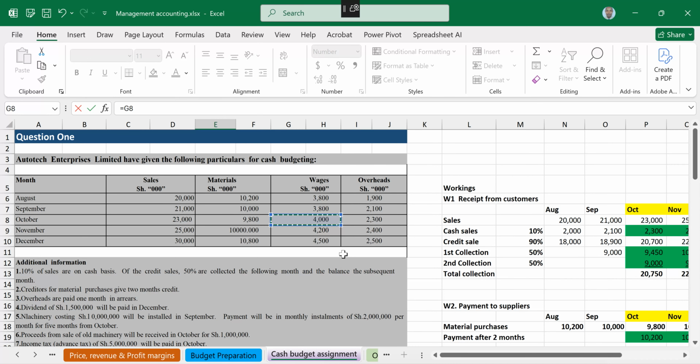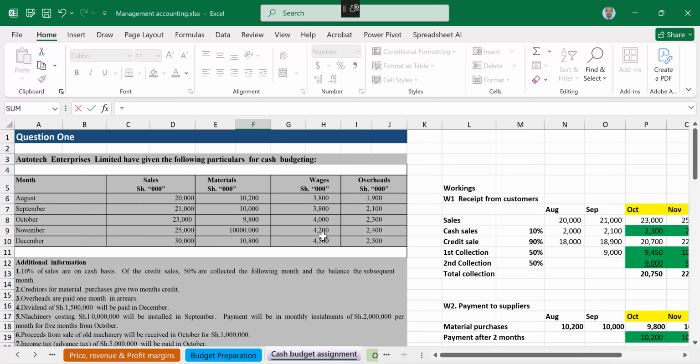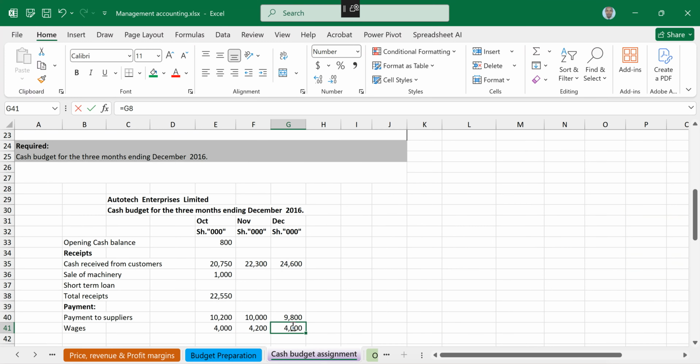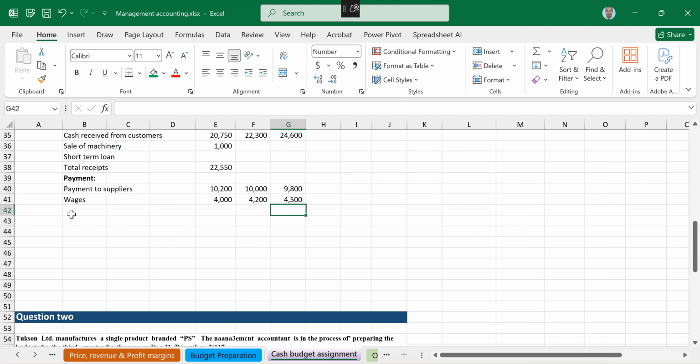November is 4,200. Then the last one is 4,500. That is correct. Overheads, we also have overheads.